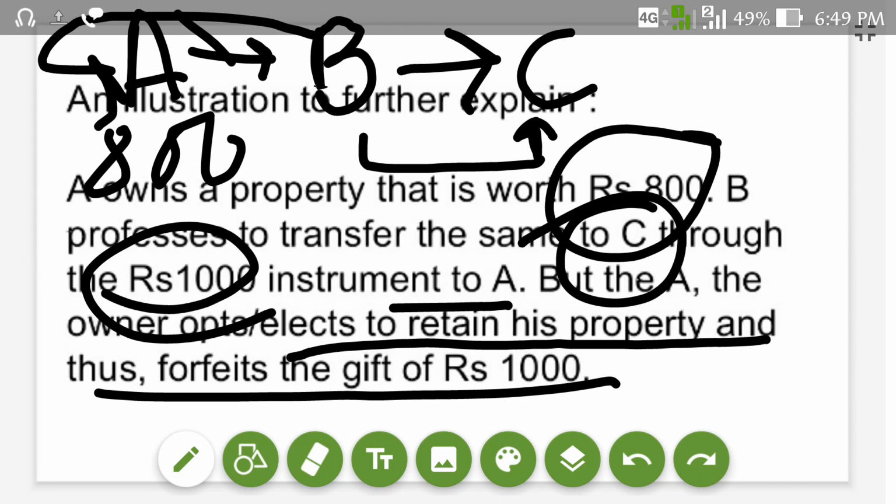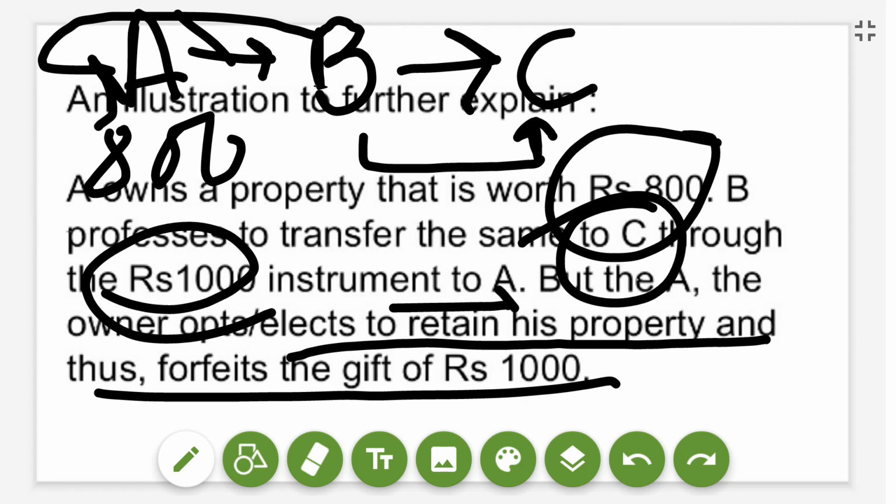A says no, I will not transfer you my property. So A retains this property. So what happens? A doesn't give his property, C doesn't get anything. But what of the money that B took from C, that is rupees 1000? He'll give it back to C, he'll compensate C.